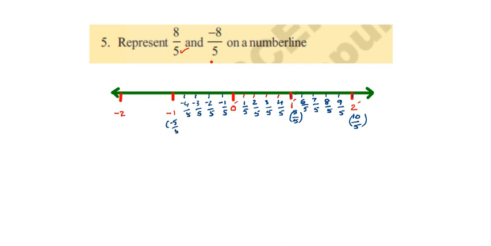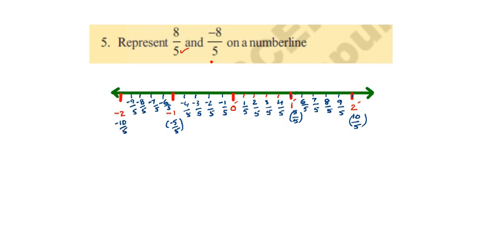Next, the second unit is also divided in the same way into 5 equal parts. That is minus 6 by 5, minus 7 by 5. This one is minus 8 by 5. This is minus 9 by 5. This is minus 10 by 5.